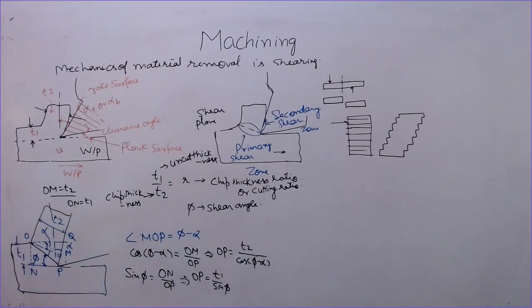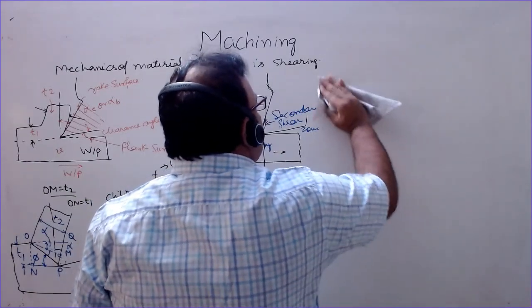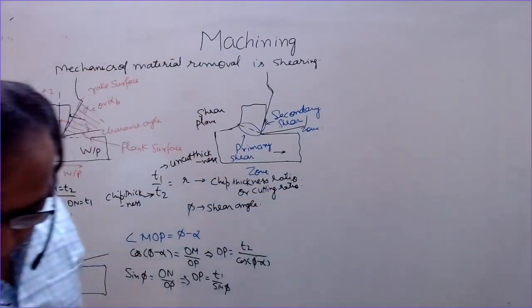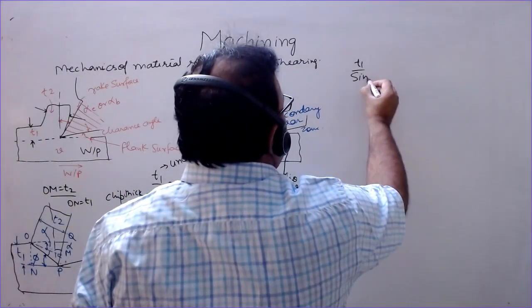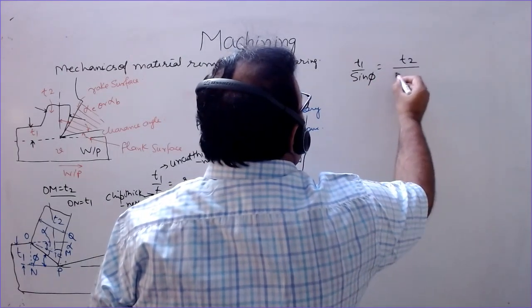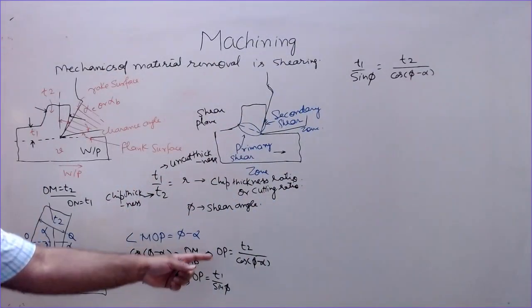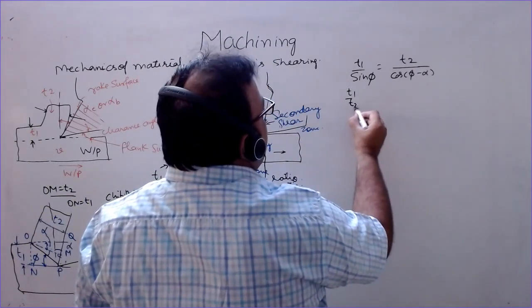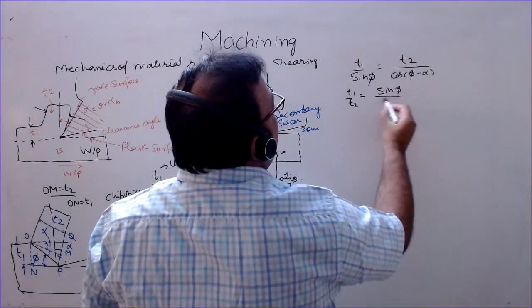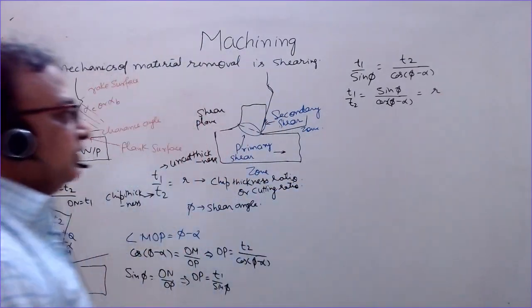If you equate these two, we get a relation: T1 by sin phi is T2 by cos of phi minus alpha, or T1 by T2 is equal to sin phi over cos of phi minus alpha. T1 by T2 is equal to R.